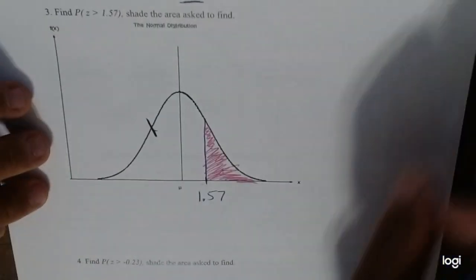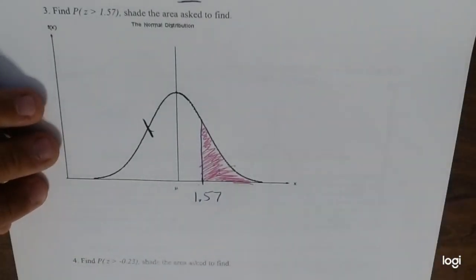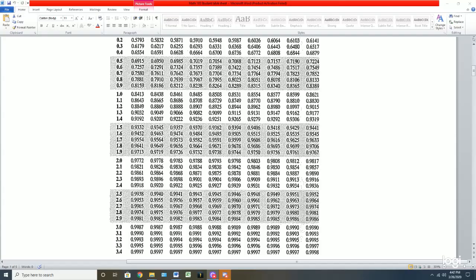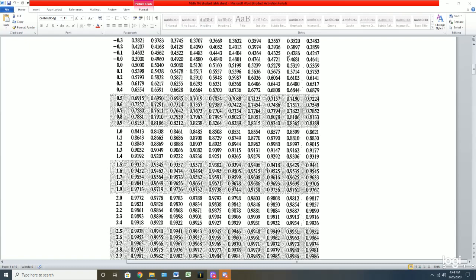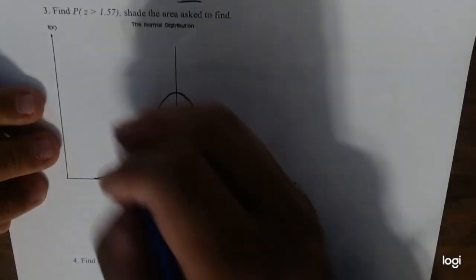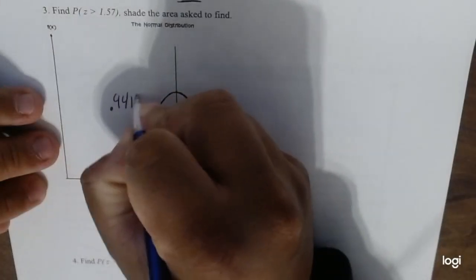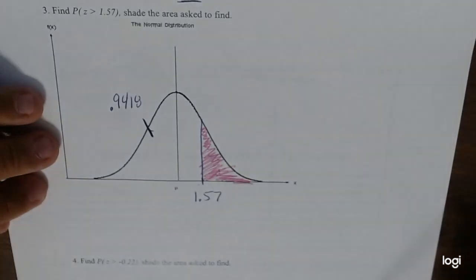Okay. So first off, what is the area to the left of 1.57? And that should give you 0.9418. Right, but again, that's not my answer.